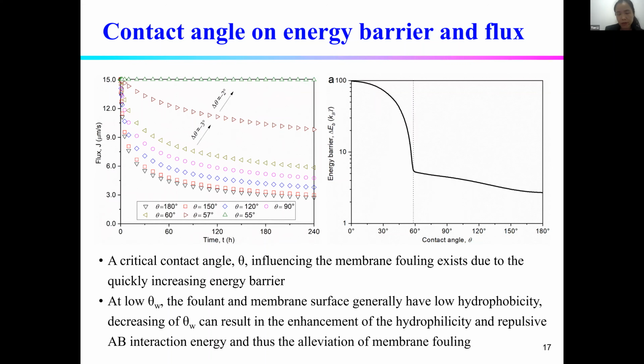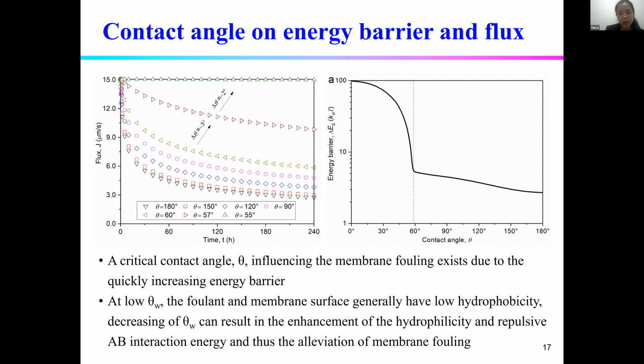First it decreases very fast, then decreases slowly. Thus, we confirm that there is a critical contact angle which can influence the membrane fouling due to the quickly increasing energy barrier.